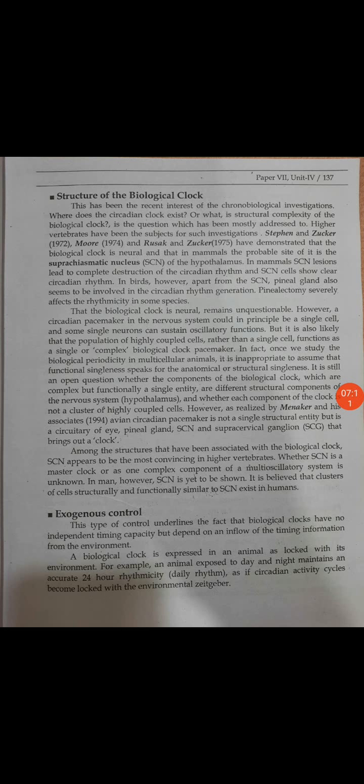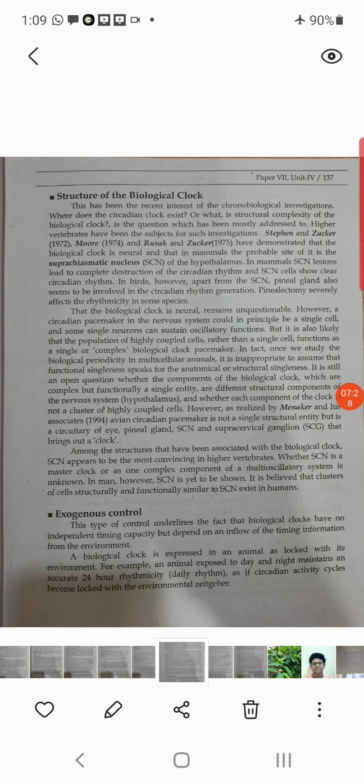In mammals, SCN lesions lead to complete destruction of the circadian rhythm, and SCN cells show clear circadian rhythms. Just to relate it to our daily life, we do the same work at the same time. So this is biological clock, but it is due to our brain, that is the suprachiasmatic nucleus in the hypothalamus.